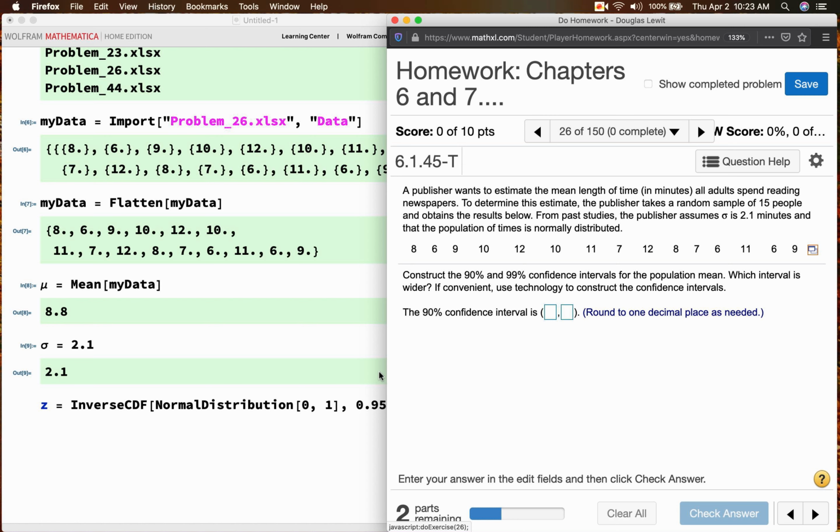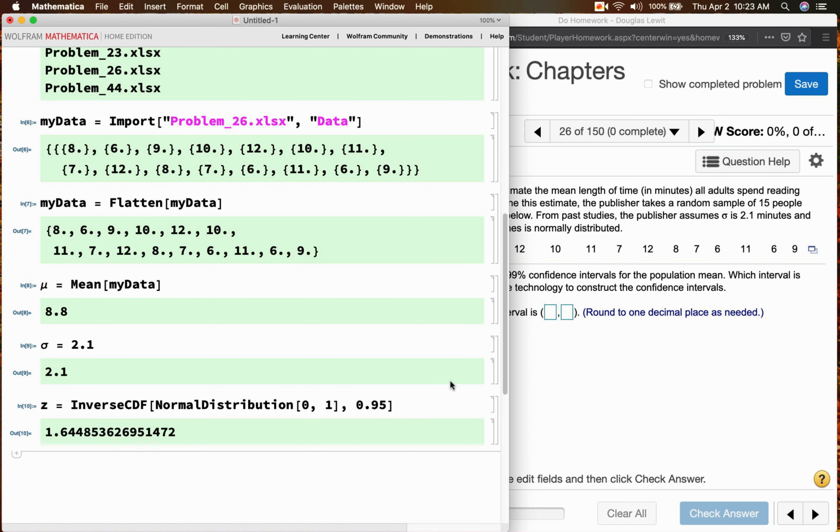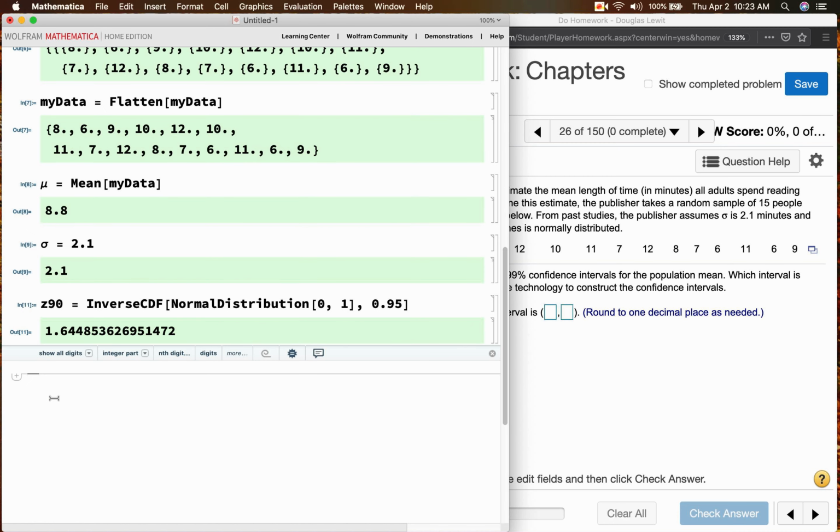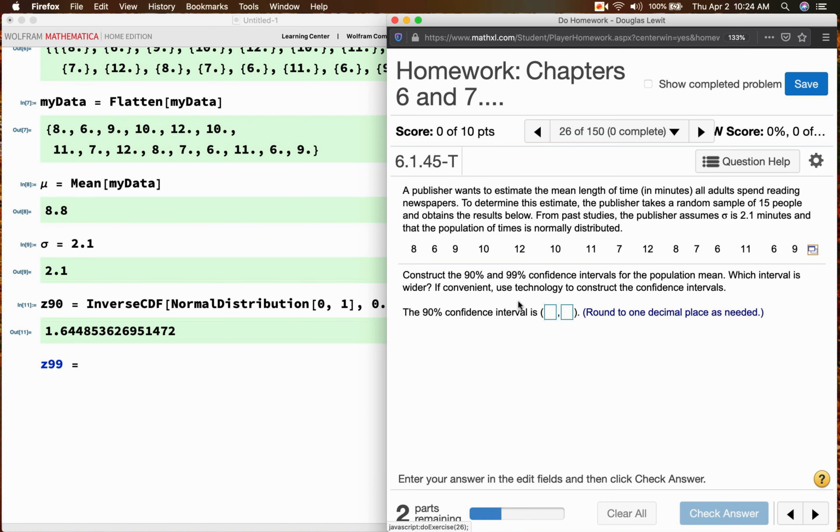Let me call that z90. So actually what this says is that 90% of the area under the curve is between negative 1.64 and positive 1.64.